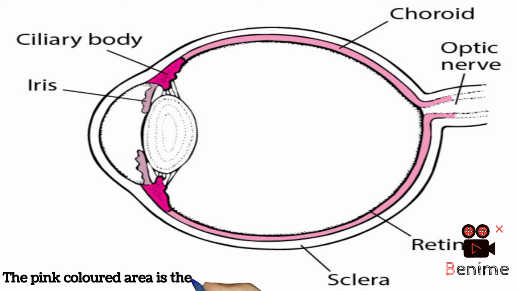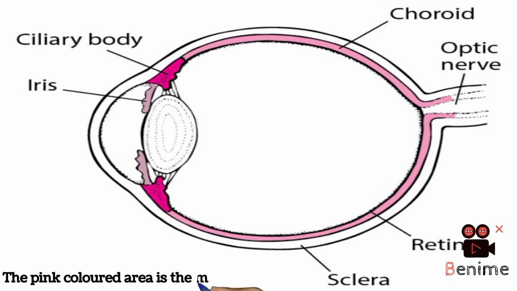Okay. Then other structures at the anterior segment include iris, cornea, okay, and the aqueous humor.